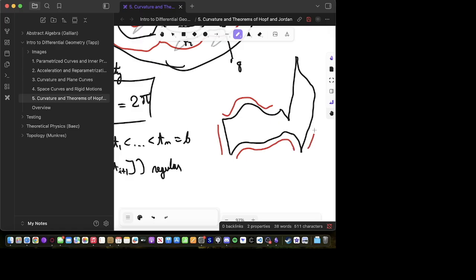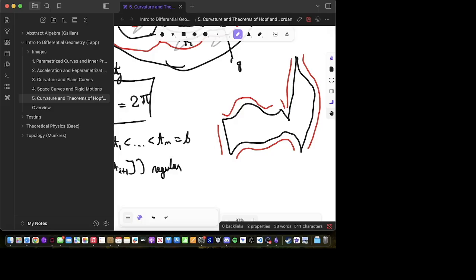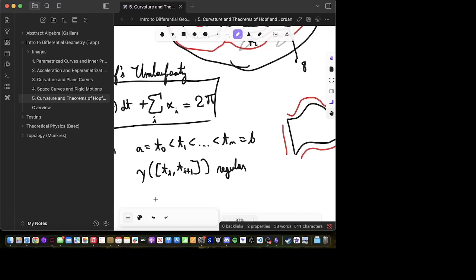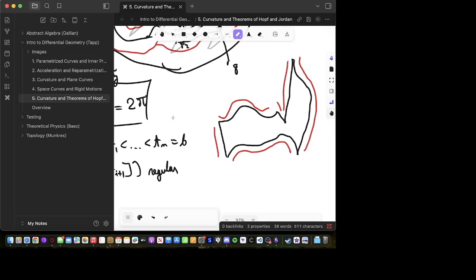In fact, every part is regular except for the corners. And you're also probably wondering about these alpha i signed angles.